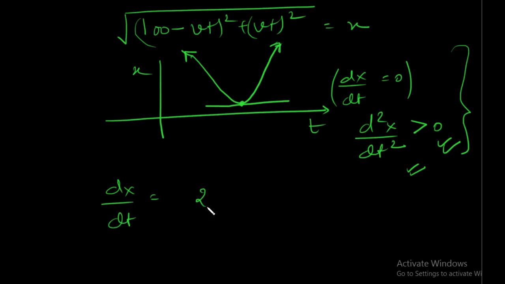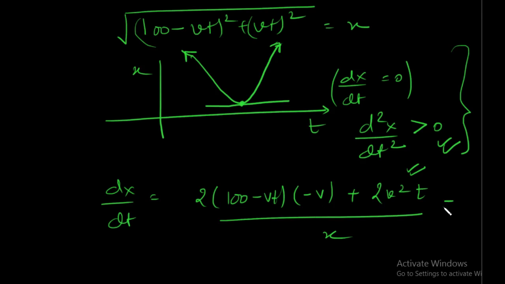This would be equal to twice of (100 minus Vt) into minus V, go and learn differentiation, plus V square times 2t, divided by x. This would be 0. So 2 gets cancelled over here, and V will get cancelled.